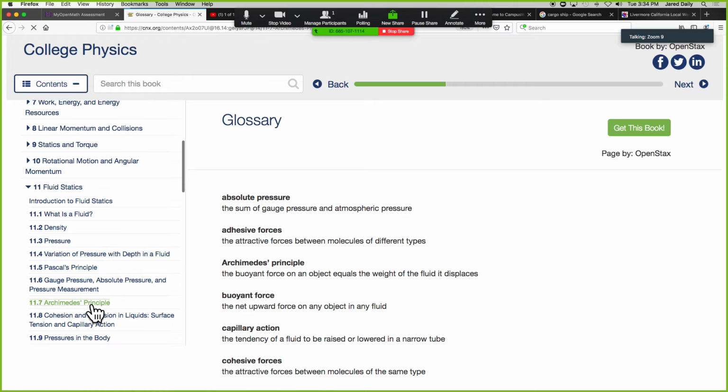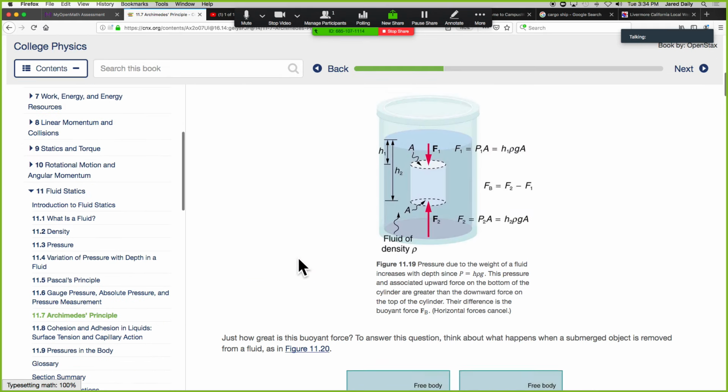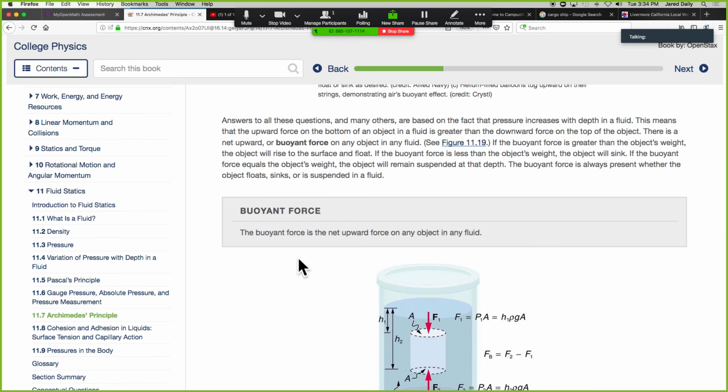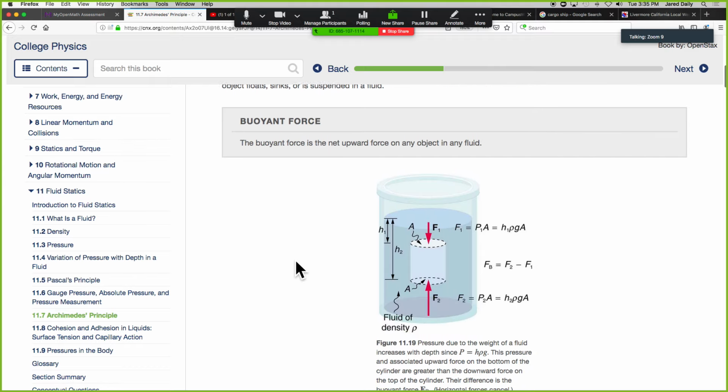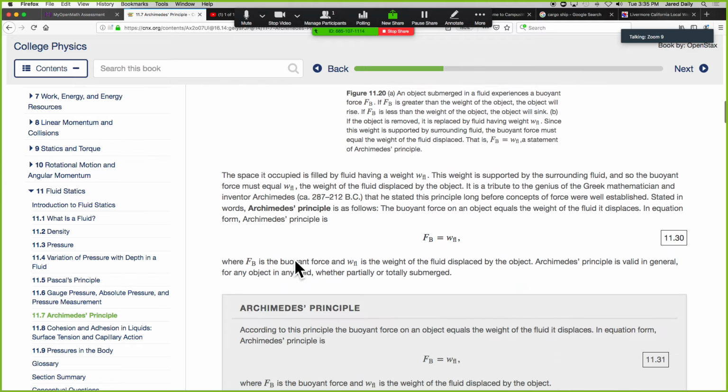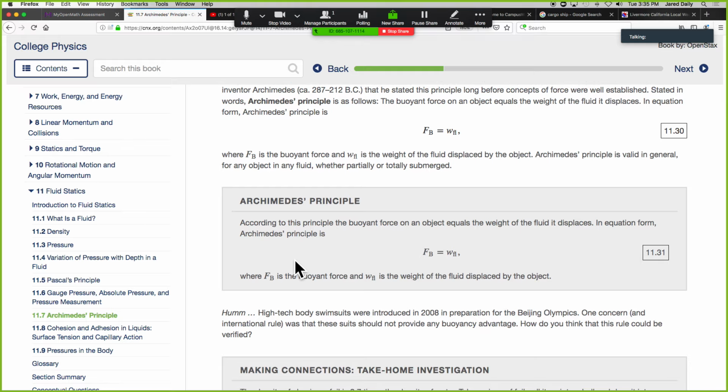That would be under Archimedes' principle. Net upward force on any object in fluid. What does it say right there? What is the buoyant force equal to? The weight of the fluid, what?